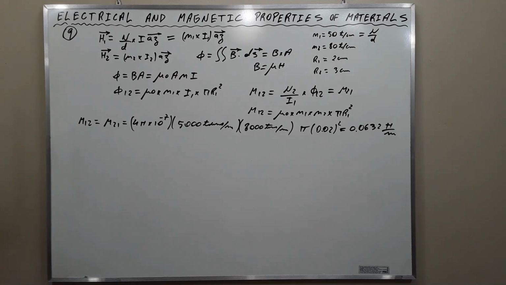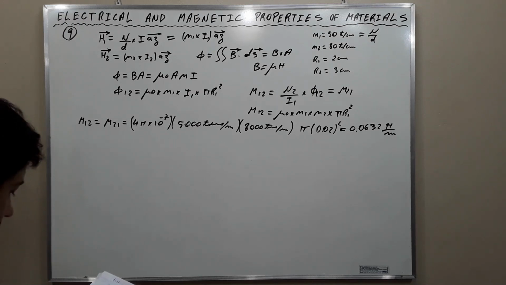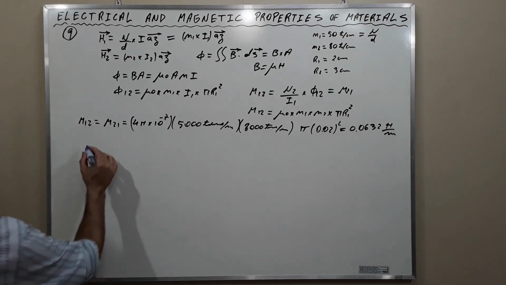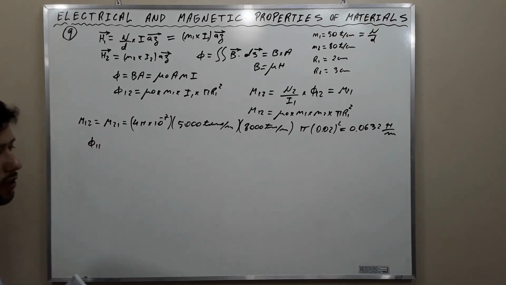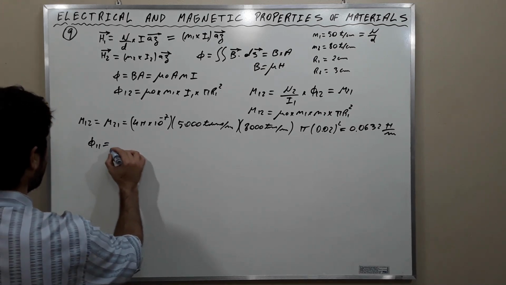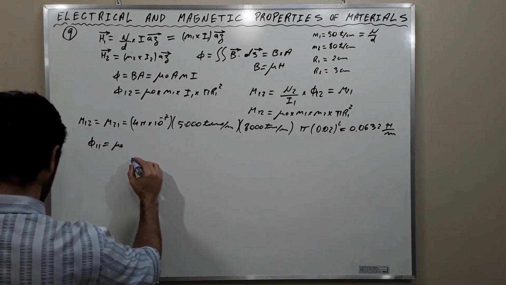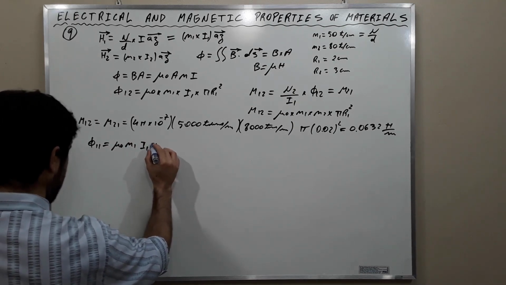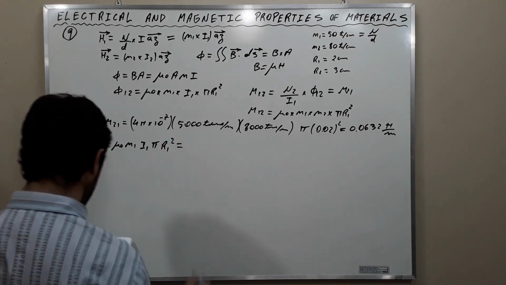Now we are going to calculate the self-inductances. The self-inductances can be calculated using the flux. The flux in 1 created by the passage of current in solenoid 1, the inductance that it creates in itself, is equal to mu 0 N1 I1 pi R1 squared.